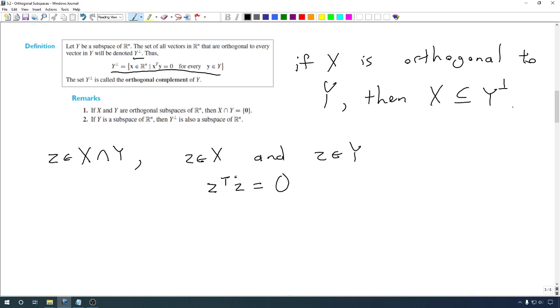That z transpose z has to be 0. But remember, z transpose z is the square of the magnitude of z. So that's saying z has a magnitude of 0. That just means z has to be the 0 vector. Basically, the only vector that's orthogonal to itself is the 0 vector.